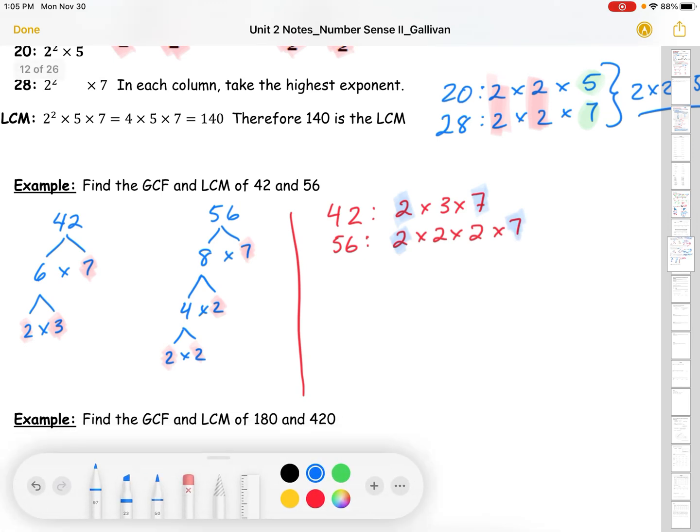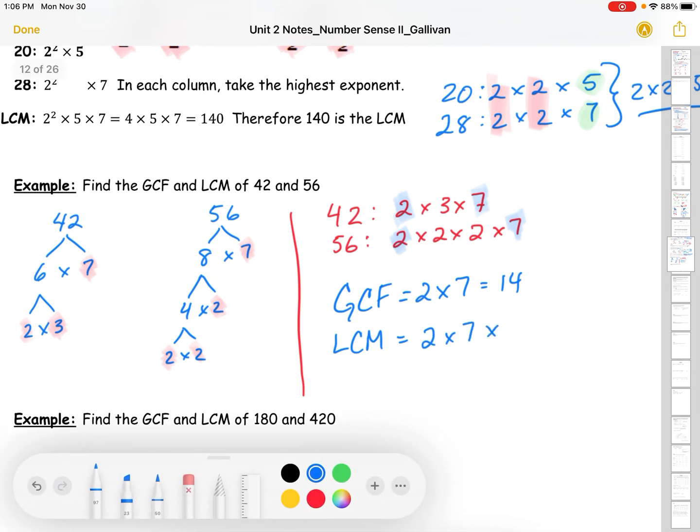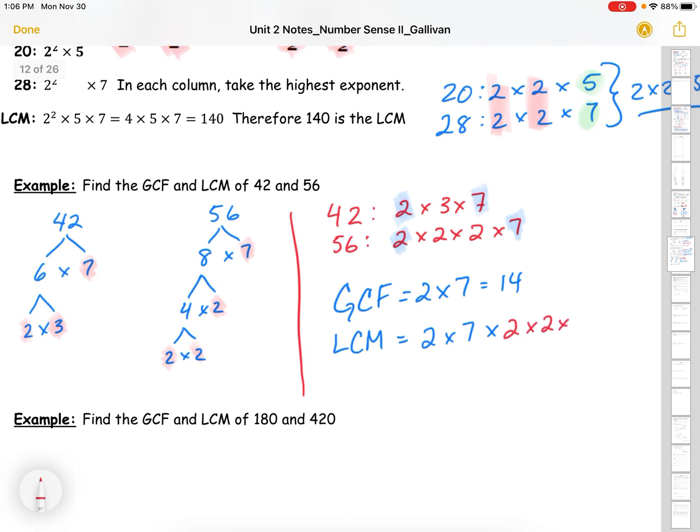Okay. So, for our GCF, it will just be those common numbers, right? It'll be 2 times 7, which is 14. For our LCM, well, yes, it'll be 2 times 7, but then it'll also be the other 3 factors, 2 times 2 times 3. So when we multiply those, we should get 168.